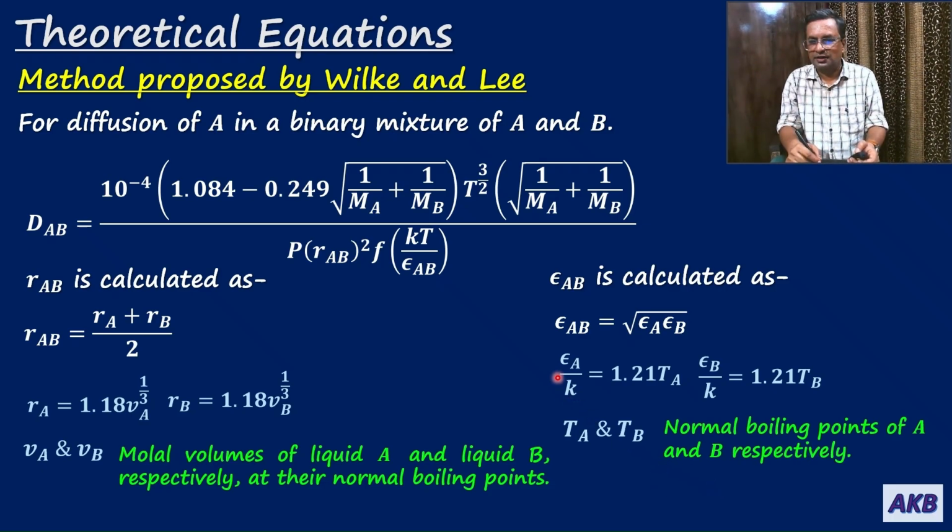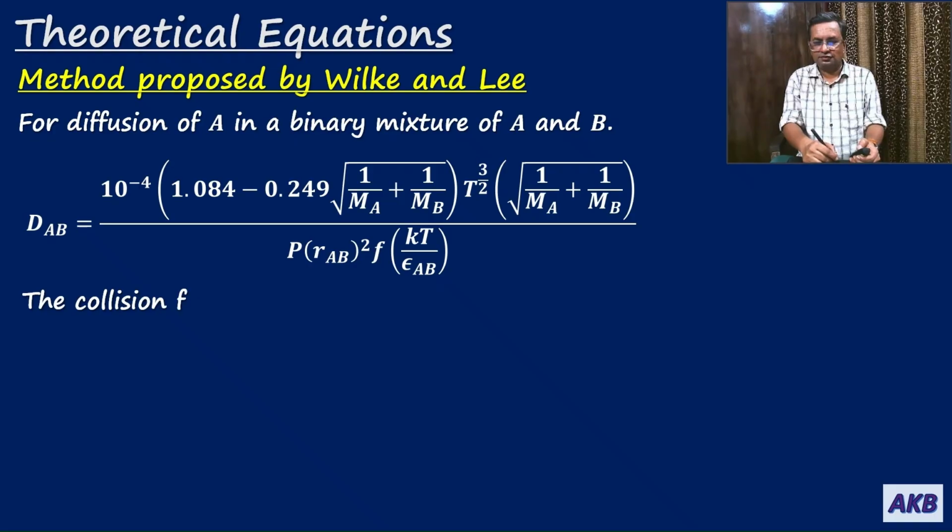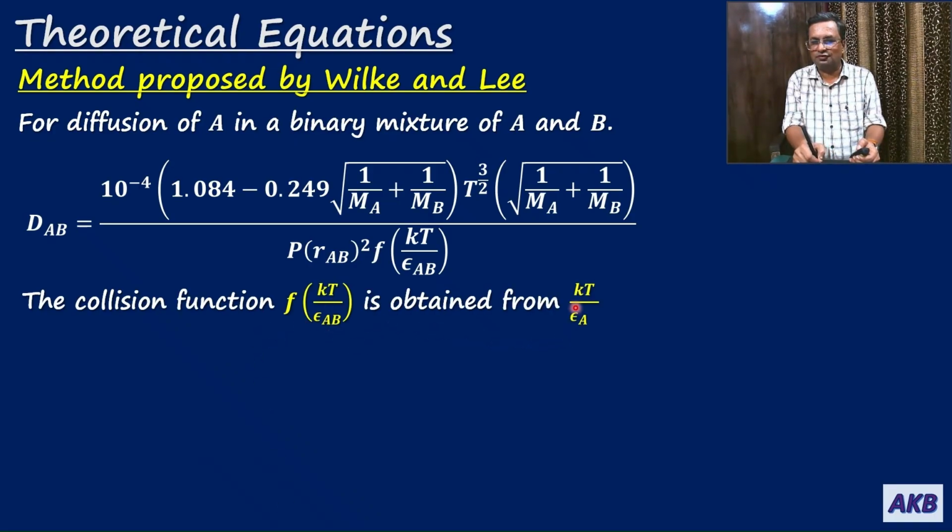So from epsilon A and epsilon B, which you get from these equations, you can find out epsilon AB by using this equation. So RAB and epsilon AB will be calculated in this way. Now the collision function, which is f of kT by epsilon AB, is obtained from the ratio kT by epsilon AB.